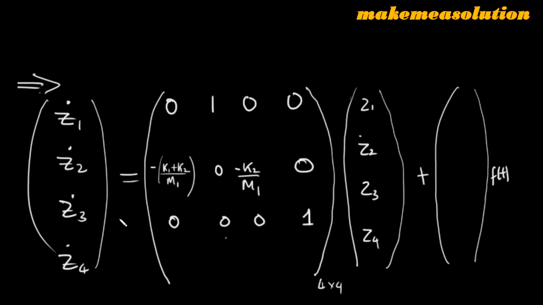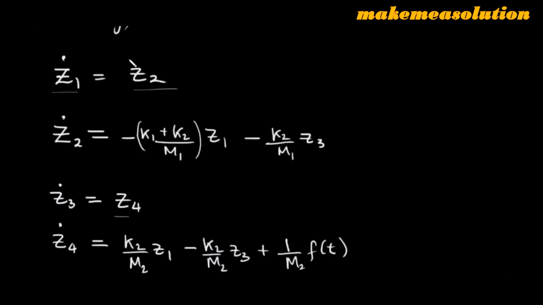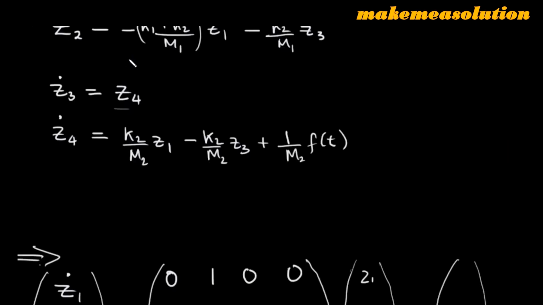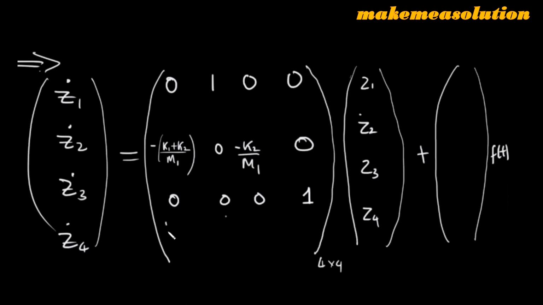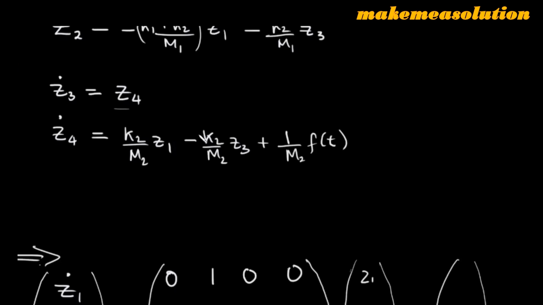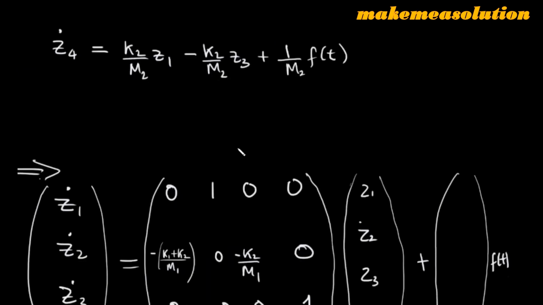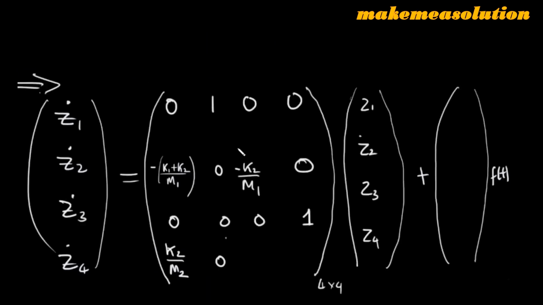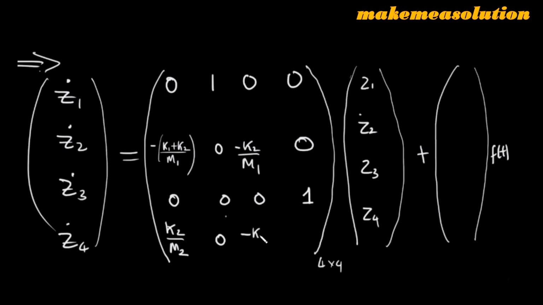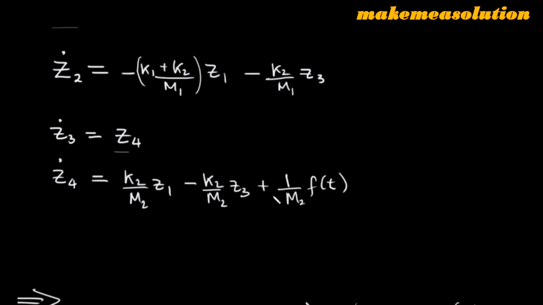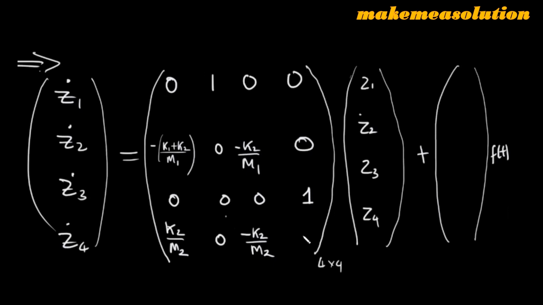And finally, for z4 dot, we have z1 with a coefficient of k2 over m2. z2 does not have any coefficient, which is 0. z3 has a coefficient of minus k2 over m2. So you now have minus k2 over m2, and there is no z4, so that is 0.